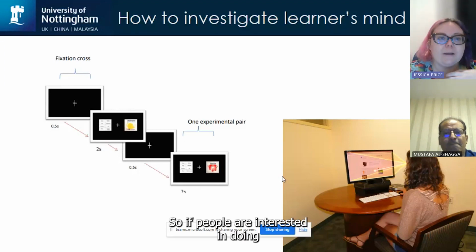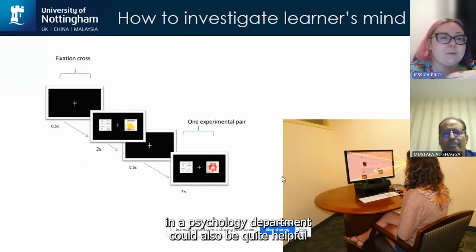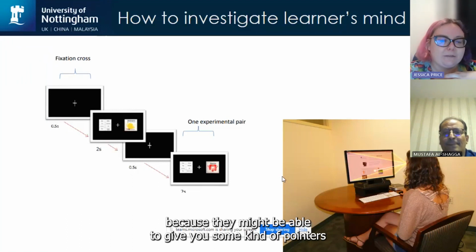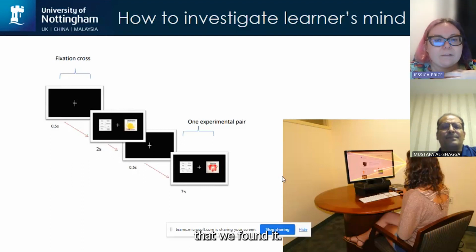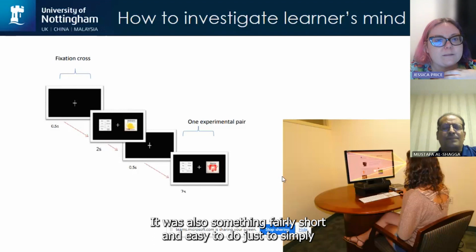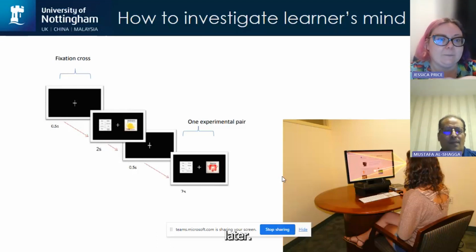If people are interested in doing this type of research, reaching out to someone in the psychology department could be quite helpful, because they might be able to give you some pointers. We found it was also fairly short and easy to do, just getting them to look at the images and then asking them questions later.